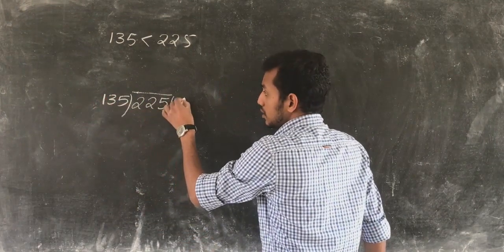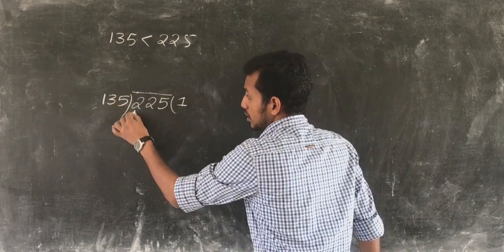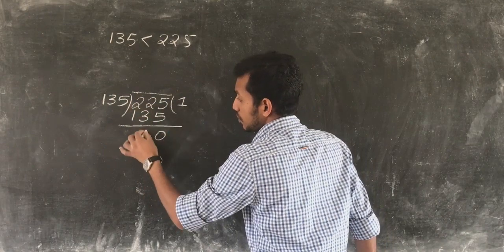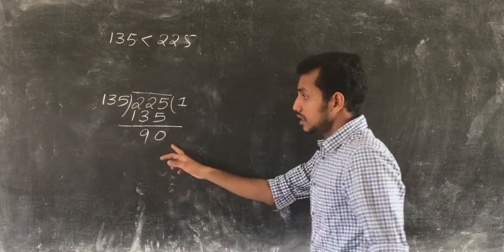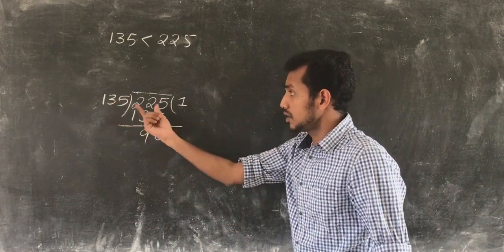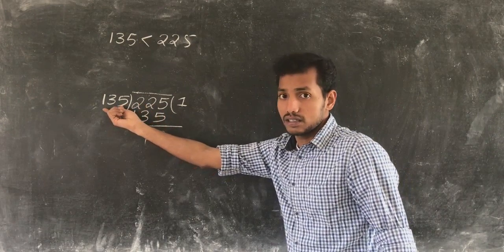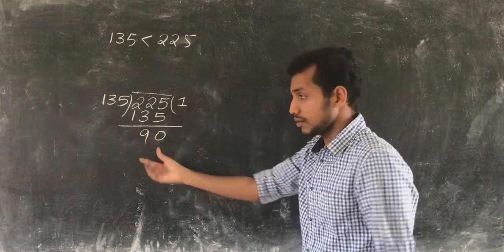Quotient is 1 and 1 into 135 is equal to 135. Subtract it, we get 90. 90 is the remainder. So in the first step, 225 is the dividend, 135 is the divisor, 1 is the quotient, and 90 is the remainder.